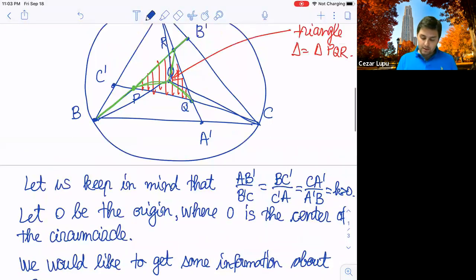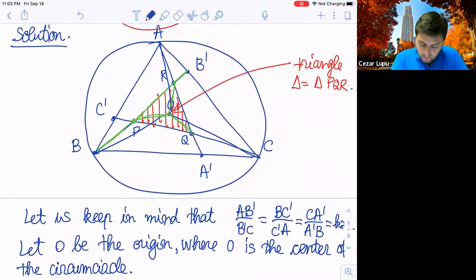All right, let's look at this. We have to look at the picture very carefully. How do we get the information about this? Well, let's look at this triangle.